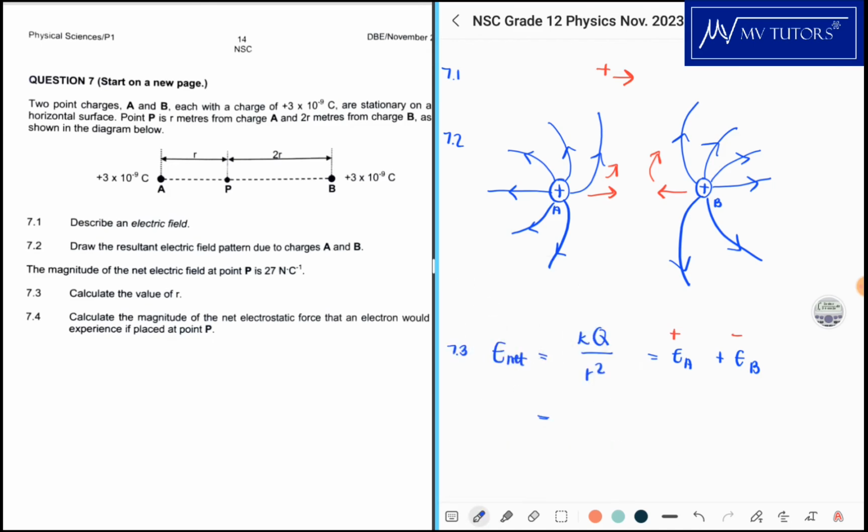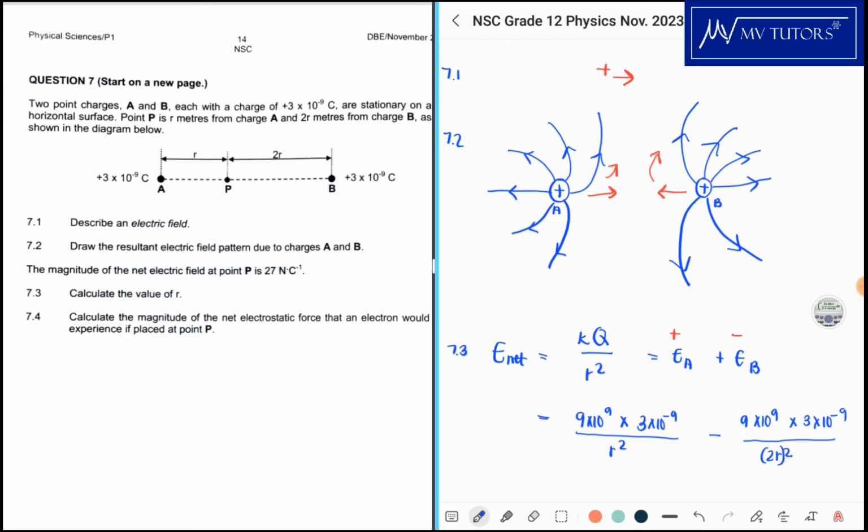Just in case you're asking why I started using positive and negative. The K value will be 9 times 10 to the power 9. For A, it is 3 times 10 to the negative 9, and that will be divided by R squared, in relation to P. Then for B, we have a negative, so 9 times 10 to the 9 times 3 times 10 to the negative 9, divided by (2R) squared.